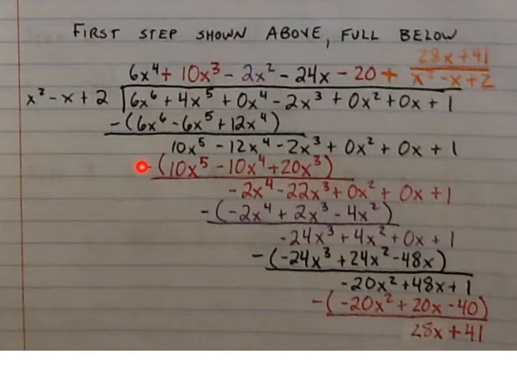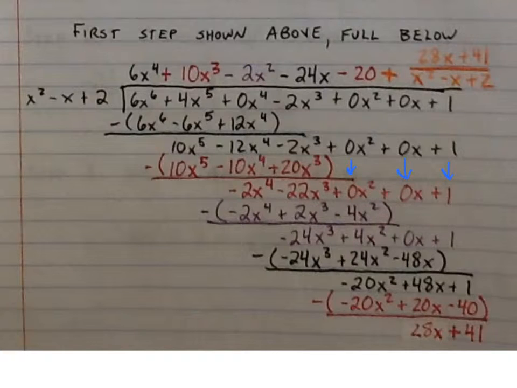Negative 12 minus negative 10 is negative 2x to the fourth. And negative 2x to the third minus positive 20x to the third is negative 22x to the third. And then the values carry down, and carry down. And we repeat the process.